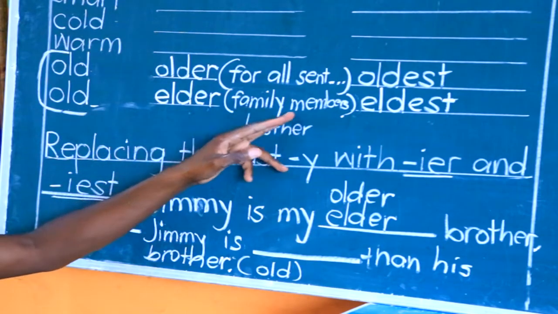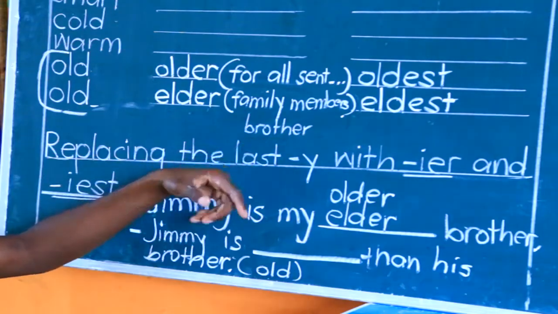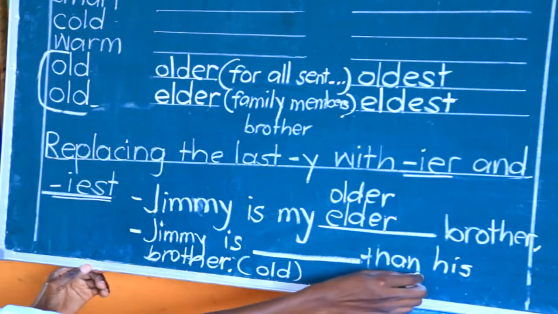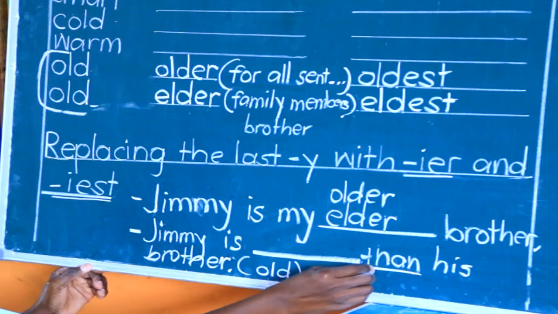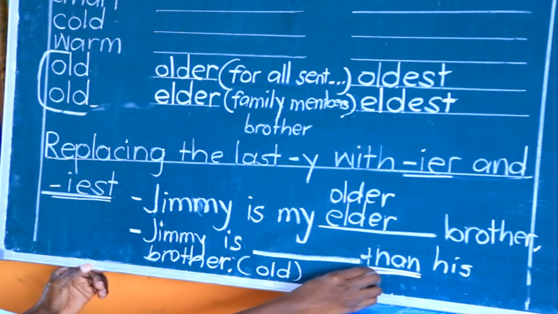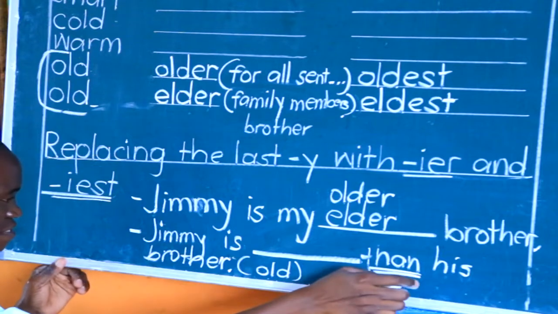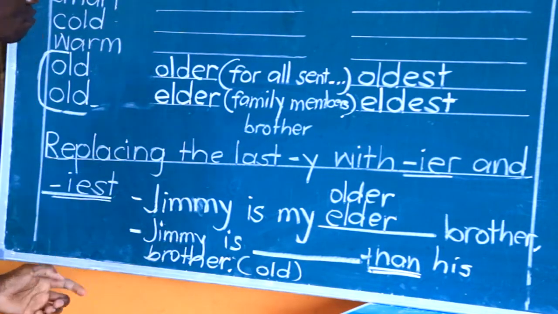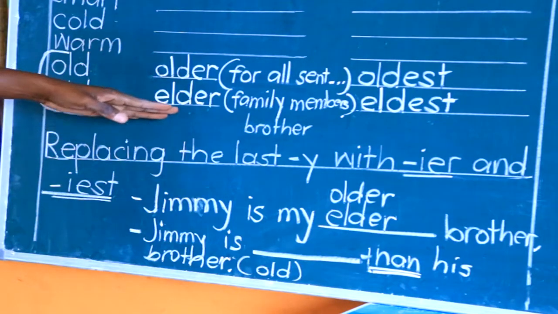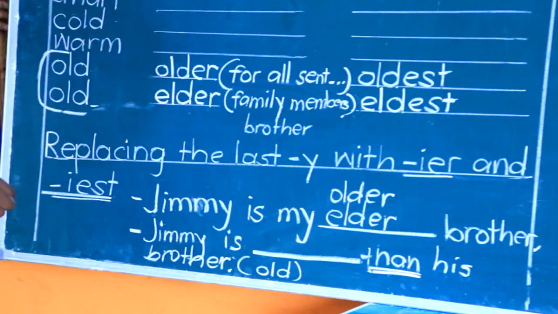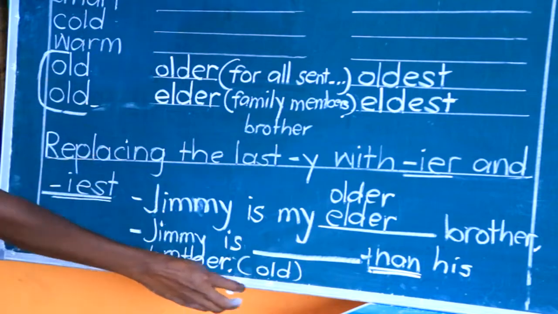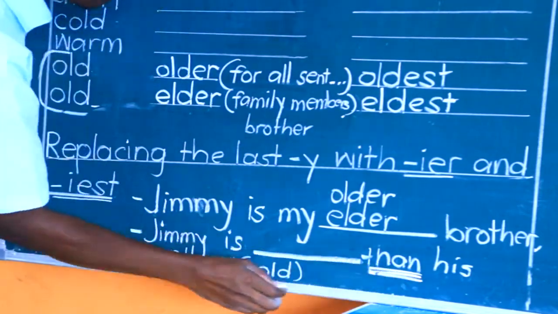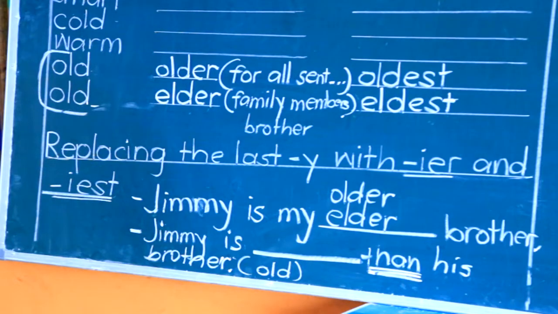We have family members, for example, a brother or a sister or a parent. By this time, because of the word than, the teacher will not accept the answer you are going to write as elder. But the same teacher said we are supposed to use elder with family members. Yes, 100% right. But the moment we add in this word than, we are kicking out the word elder.